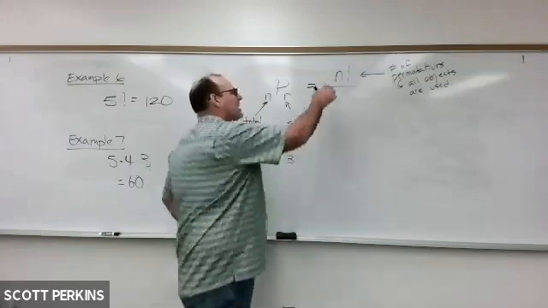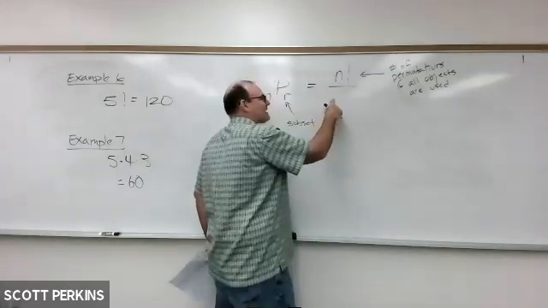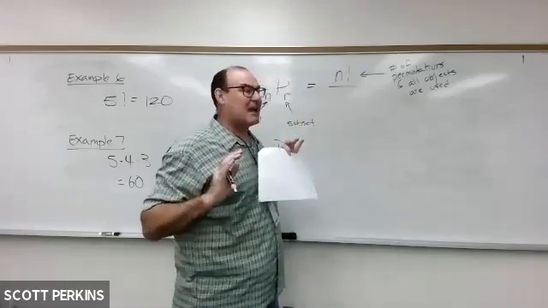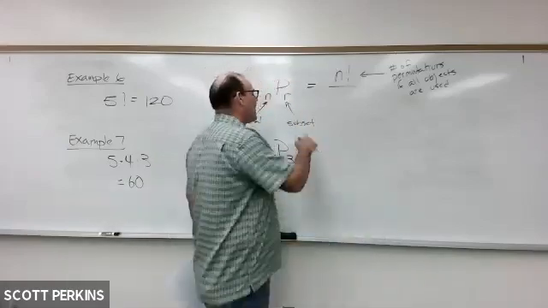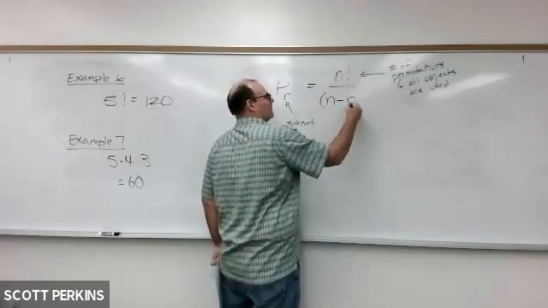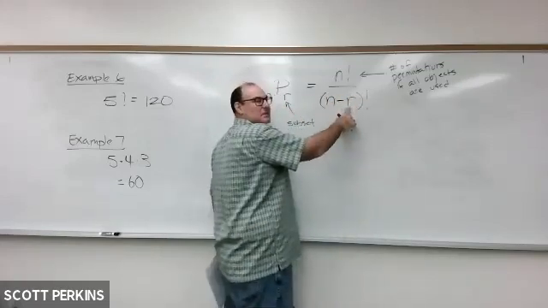So what we're going to divide by here is we need to get rid of all the arrangements of the objects I'm not using. So if I'm using R objects, then n minus R is the ones I'm not using.